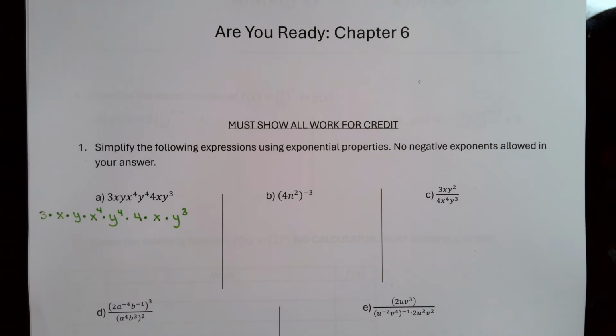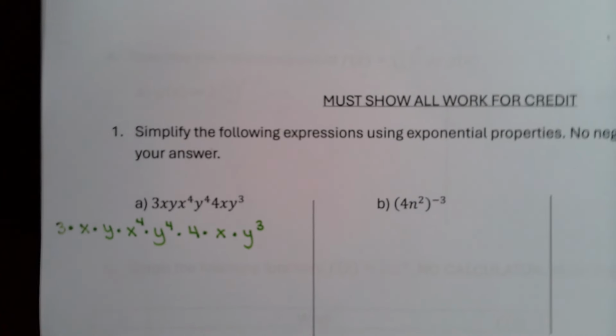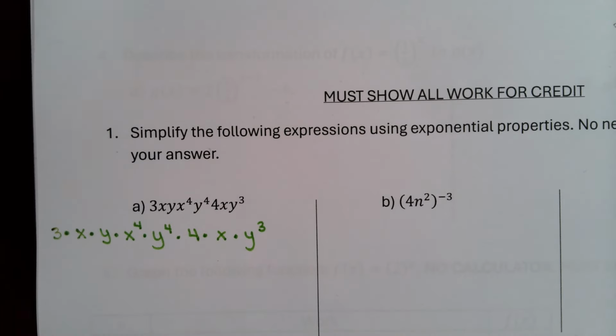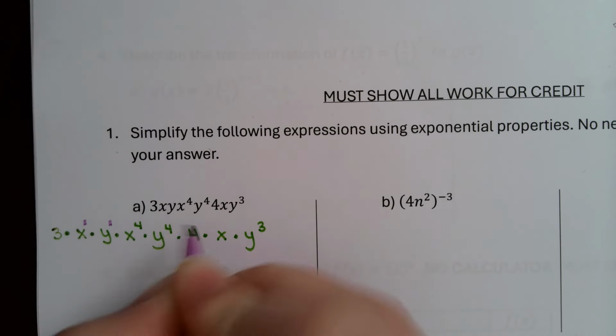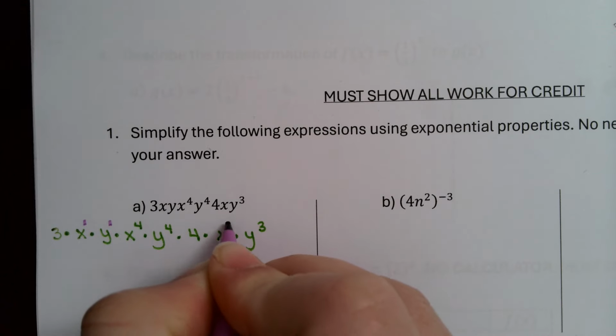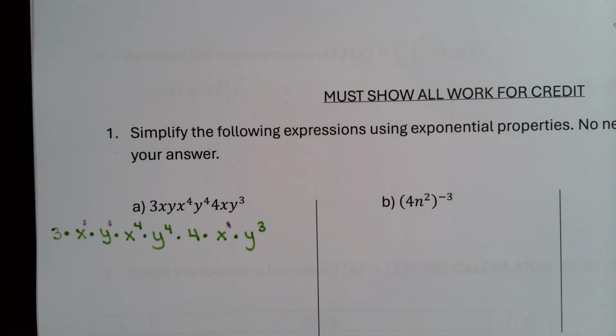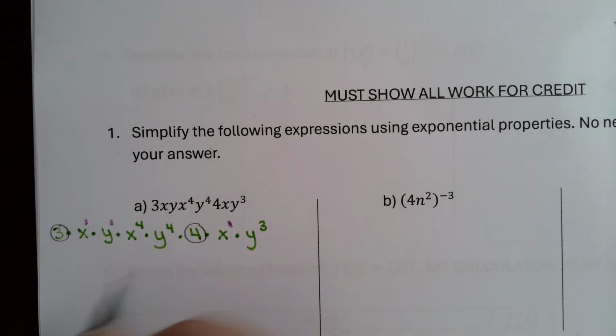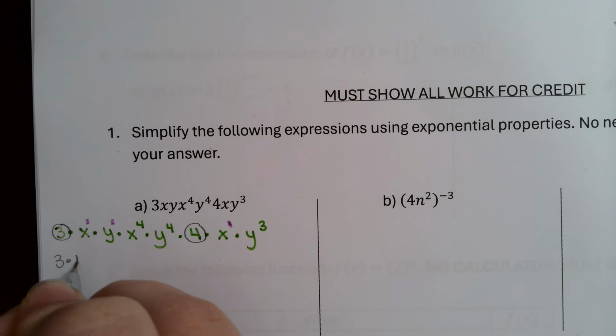Now, if there is any variable, any letter without an exponent, we're going to make it show by placing a 1 as our missing exponent. Next, you're going to rearrange things. So I'm going to put my numbers like 3 and 4 next to each other, 3 times 4.